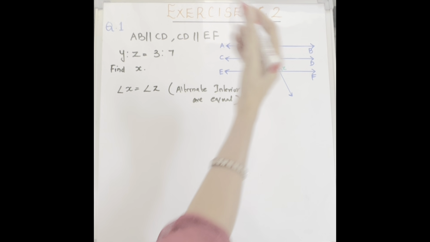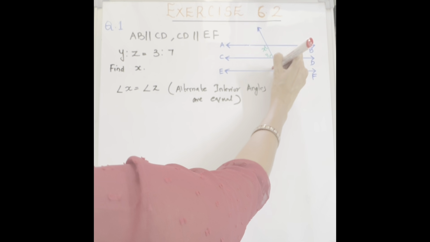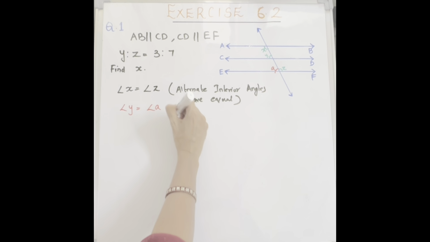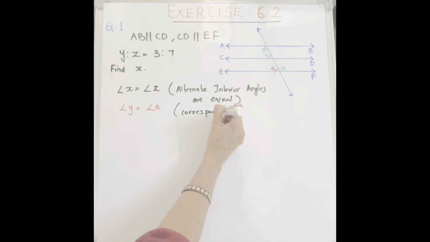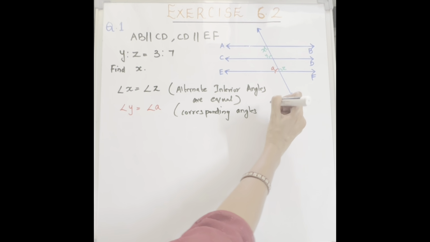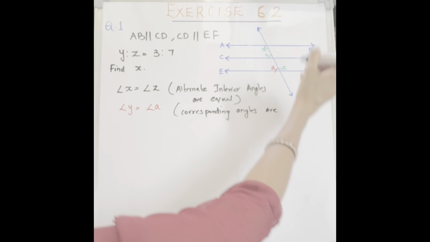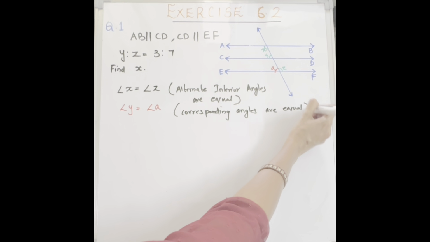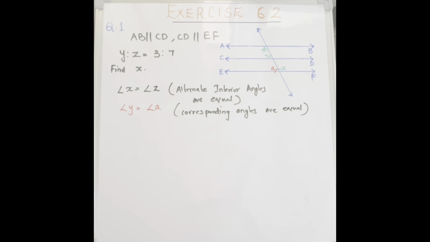Let's name this angle as A. So we can write angle Y is equal to angle A. Why? Because these two are corresponding angles. Angle Y is equal to angle A as corresponding angles are equal.